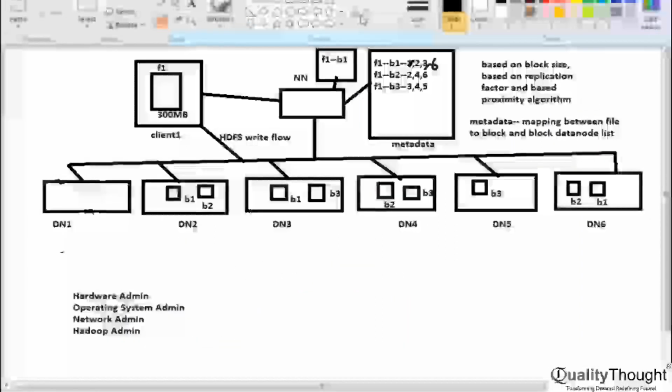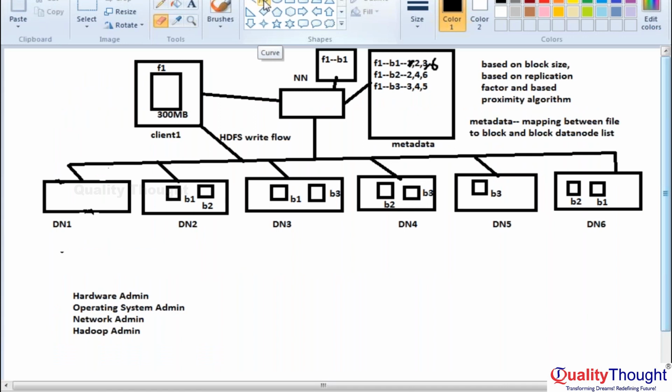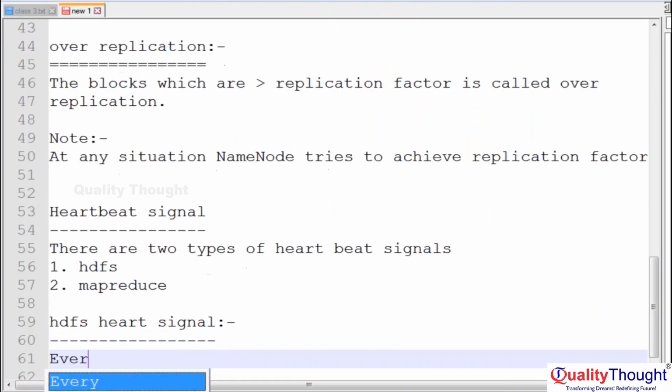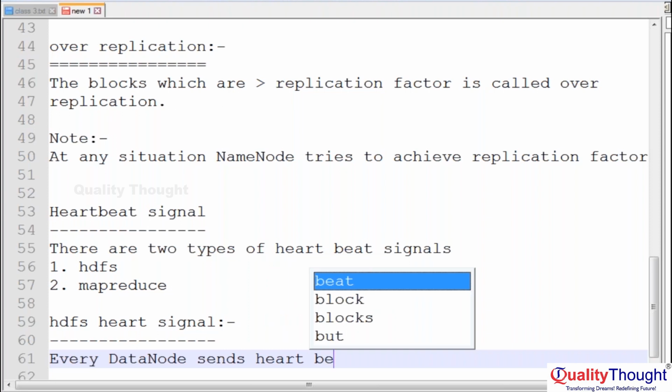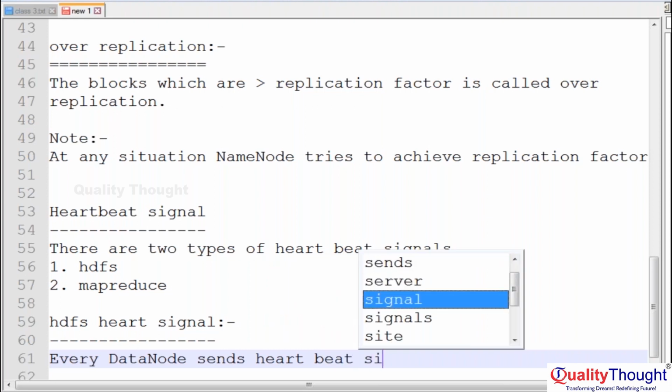Every data node sends a heartbeat signal to its master node.